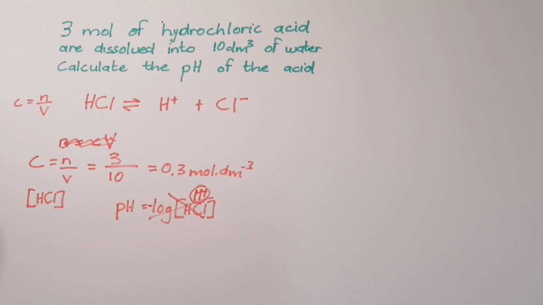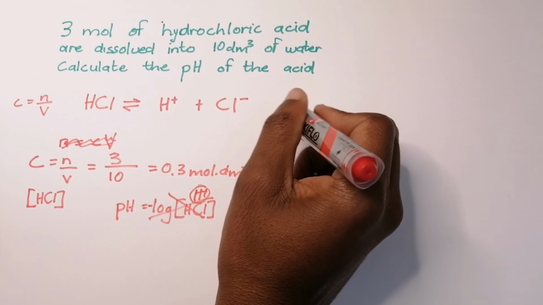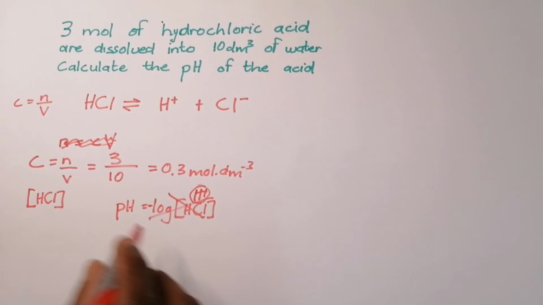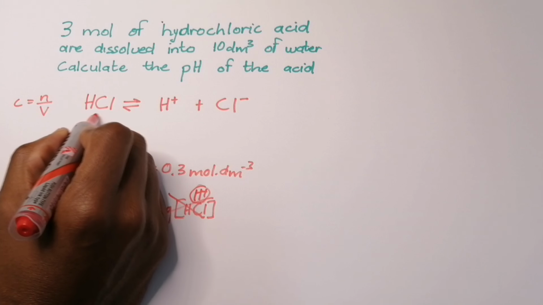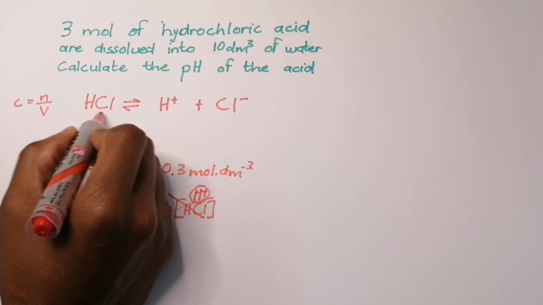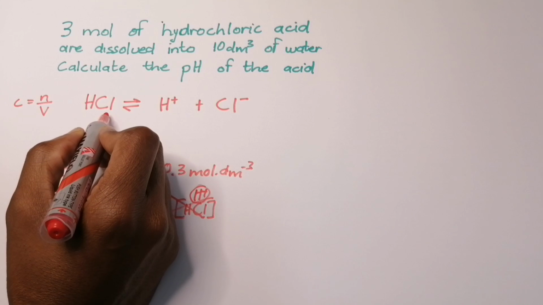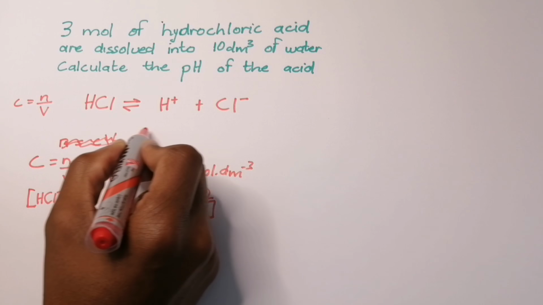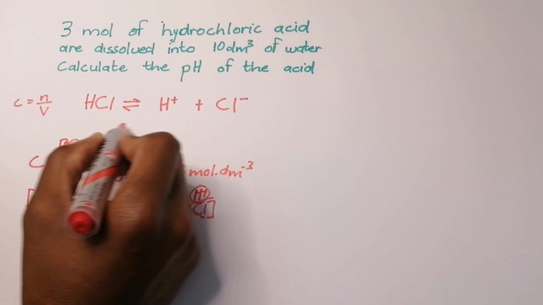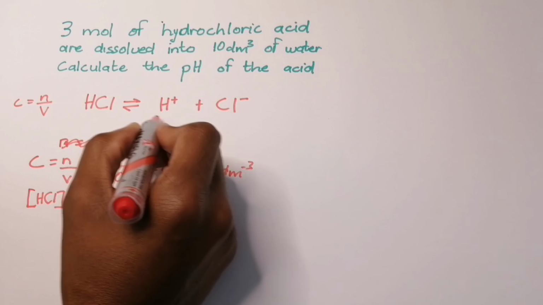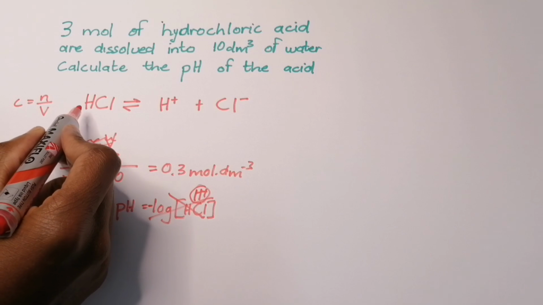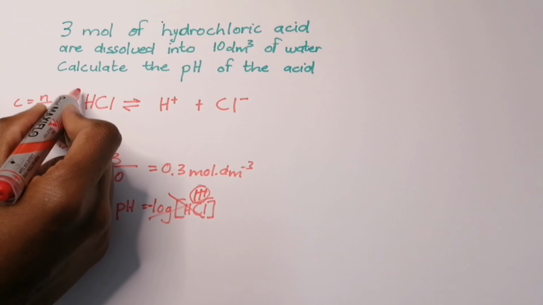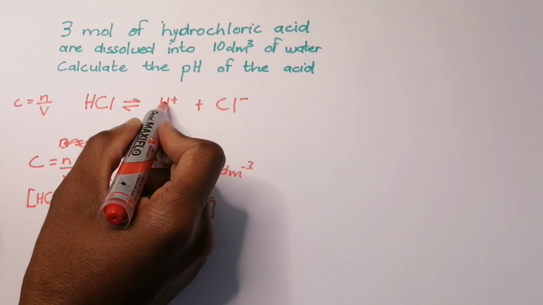Are you with me? So now I'm going to say, do I have the concentration of the H plus? What I've found here is the concentration of the HCl, hydrochloric acid. But I want to find out the concentration of my hydronium ions. Can you see? So for every one of this, I get one of that.